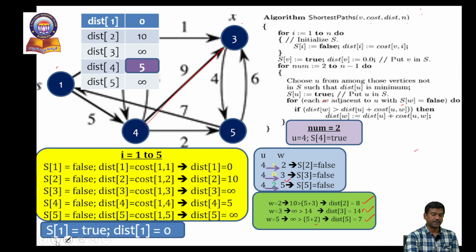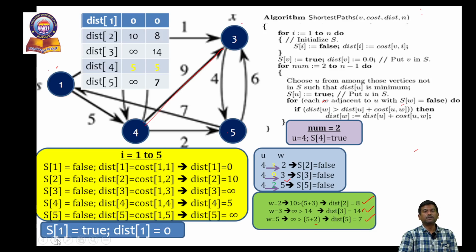So this is how the new updated values are included in the distance matrix. Distance of 1 equal to 0 is unchanged, and distance of 2 is equal to 8 because it has been updated according to this iteration. If it is lesser, then you have to include it. If it is greater, then whichever is the lesser one has to be included in the distance matrix.